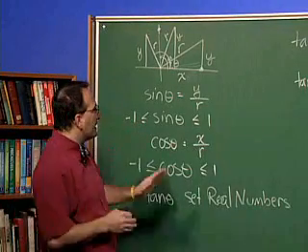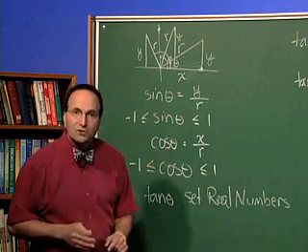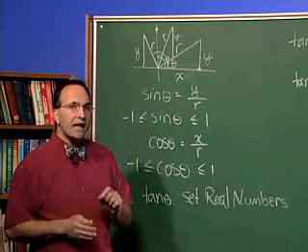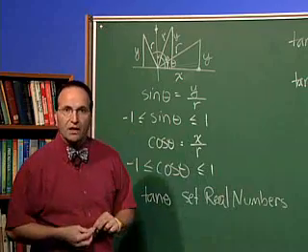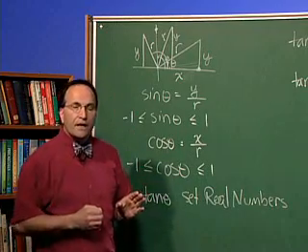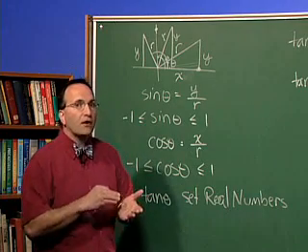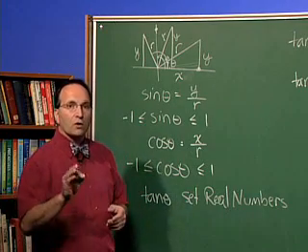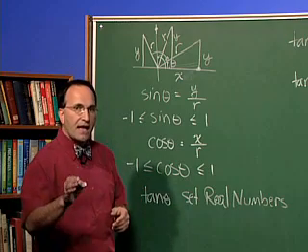That is to say, it'll never have a value in between -1 and 1 because it's the reciprocal of sine. So cosecant theta is greater than or equal to +1 or less than or equal to -1.